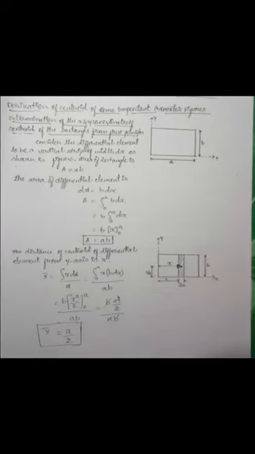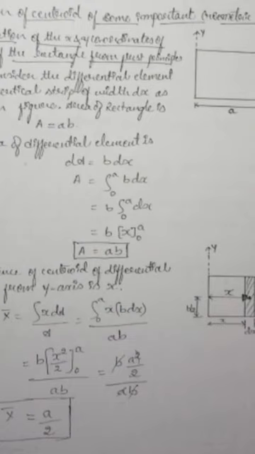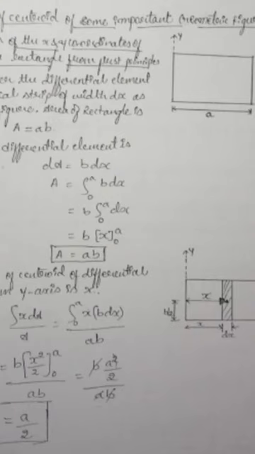That is what you have to take. The integration of x dA, where x is the distance from the CG of that elemental section to the origin and dA is the elemental area, divided by the total area, which we determined earlier.